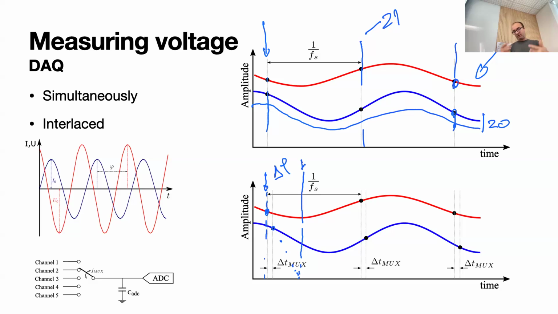Someone will say, well, this multiplexer goes really, really fast. Yes, that is true. But if we measure a 1 kilohertz signal, this signal changes fast also, and this phase difference becomes bigger and bigger as we increase the frequencies. That was the problem we had in France.